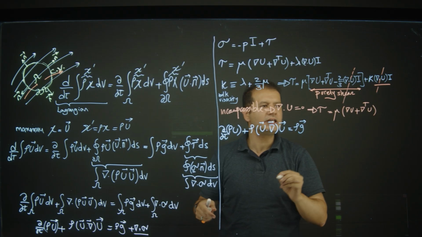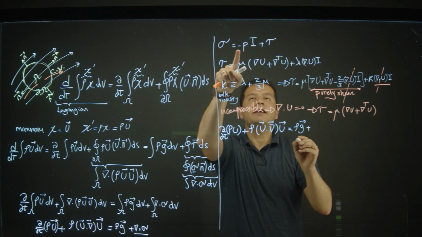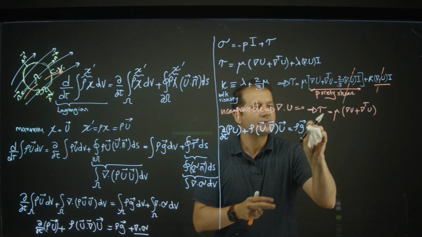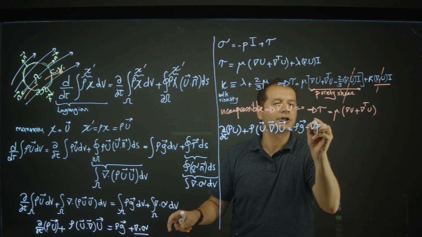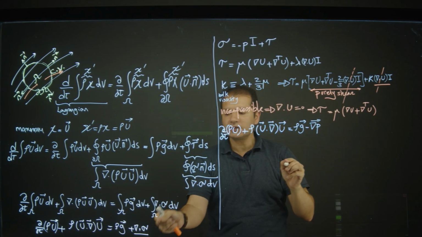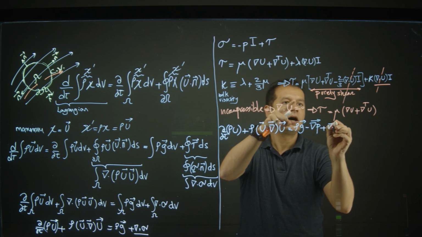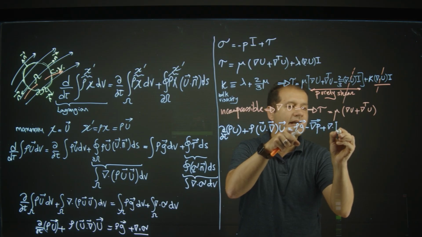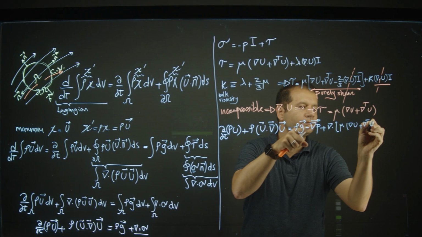And that is rho g plus divergence of stress, which will be the divergence of minus P I, which will be minus the gradient of pressure. And then I have plus divergence of tau, in terms of the incompressible tau. That will be mu times grad u plus grad transpose u.